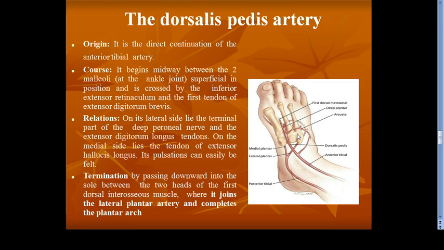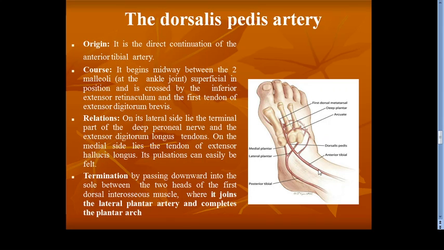The only artery which you are going to appreciate in this dorsum of the foot is the dorsalis pedis artery. This dorsalis pedis artery is a continuation of the artery of the anterior compartment of the leg, that is the anterior tibial artery.